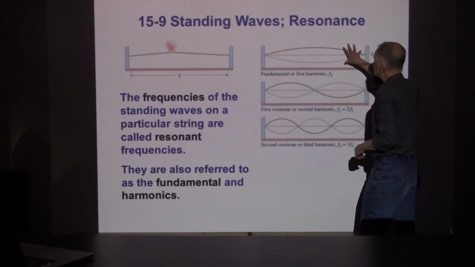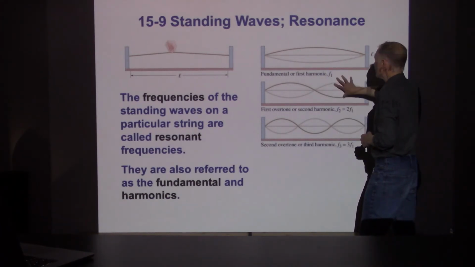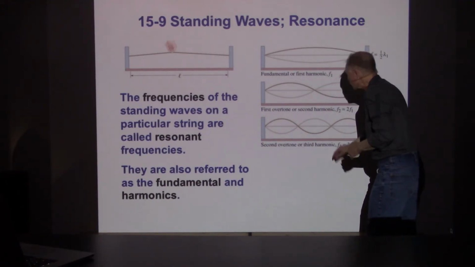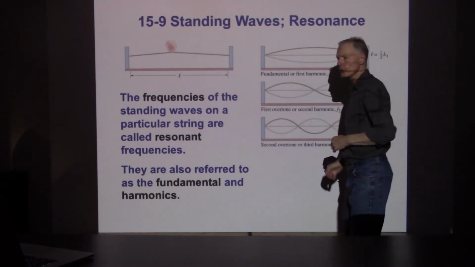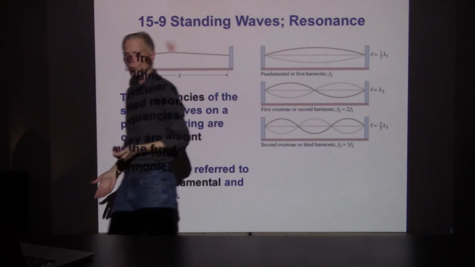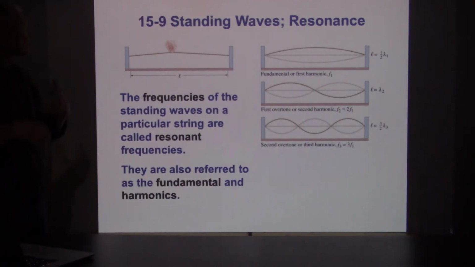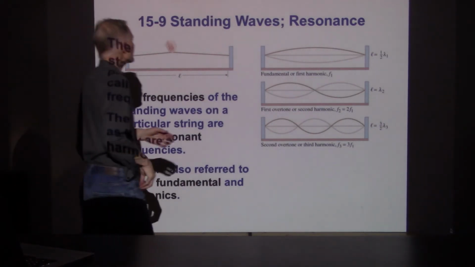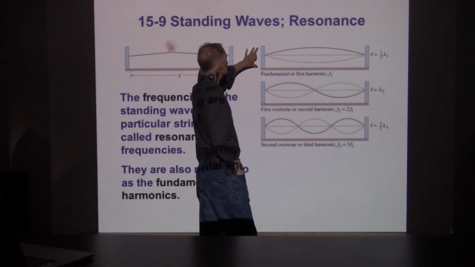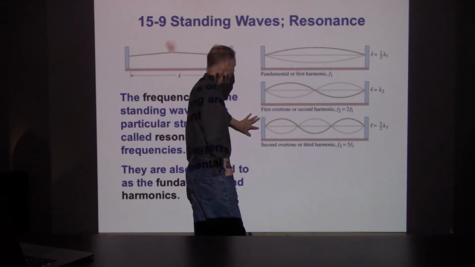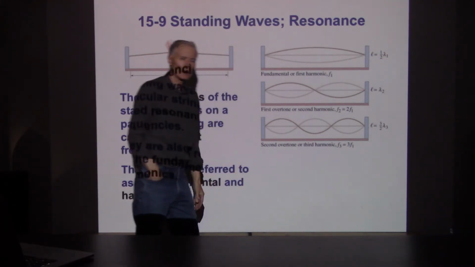If this is 100 hertz, this is 200, this is 300, the next would be 400. The series of frequencies are multiples of the fundamental frequency. So if you're familiar with tuning instruments, if this is a string that's been tuned to A at 110 hertz, then this would be at 220 hertz, which would be another A. This would be at 330, 440, etc.